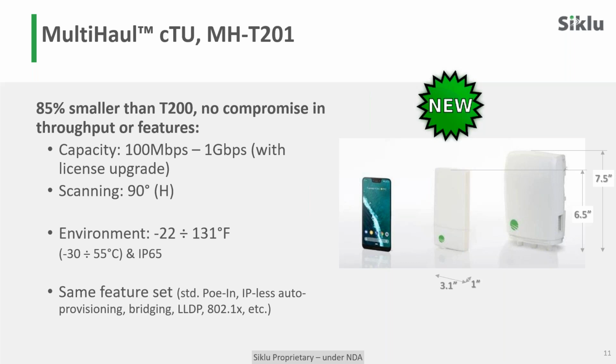So it means that the terminal unit can be even operated without an IP address for management. That's very advantageous because it means now that very large networks of MultiHaul units do not need an IP address on the terminal unit, but one less headache for deployment, one additional less labor.